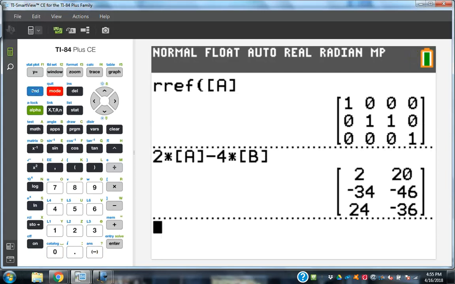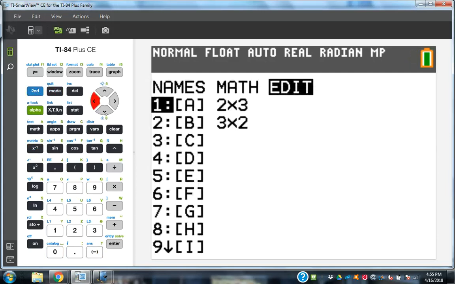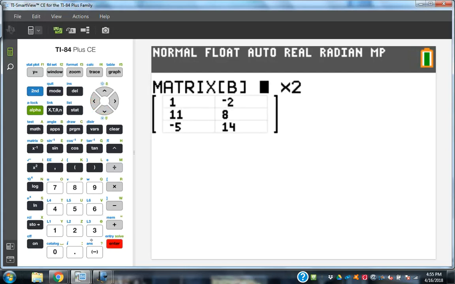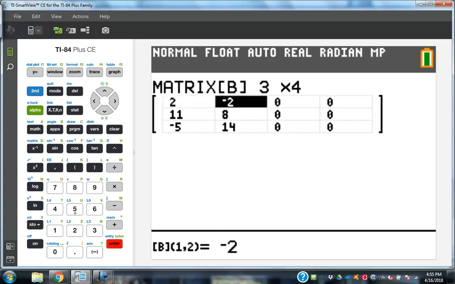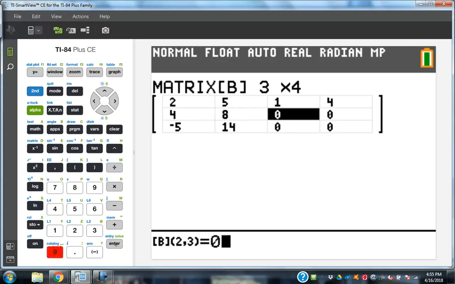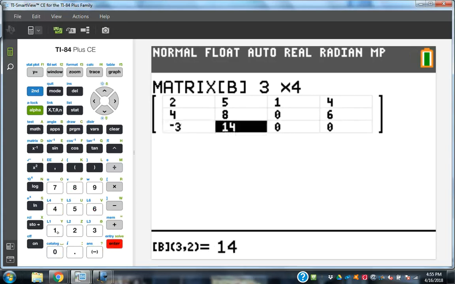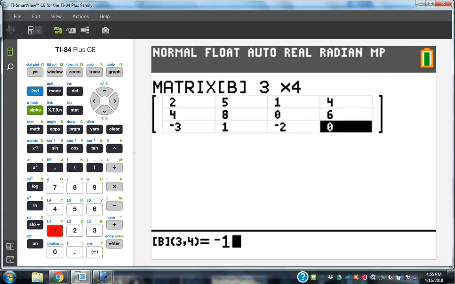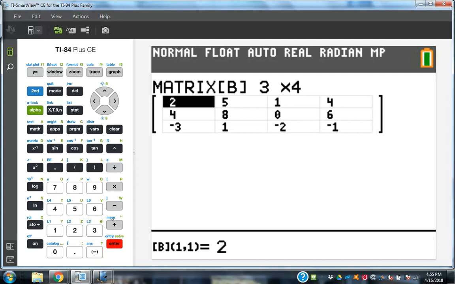Okay, so there's matrix A. Go enter in matrix B. It's a 3 by 4. 2, 5, 1, 4, 4, 8, 0, 6, -3, 1, -2, -1. Okay.